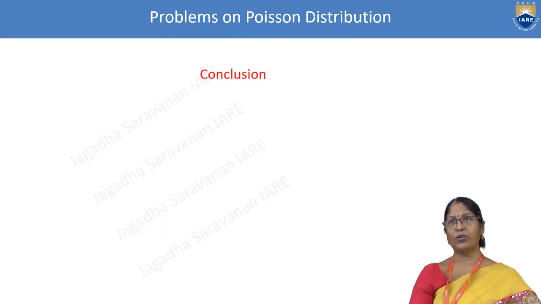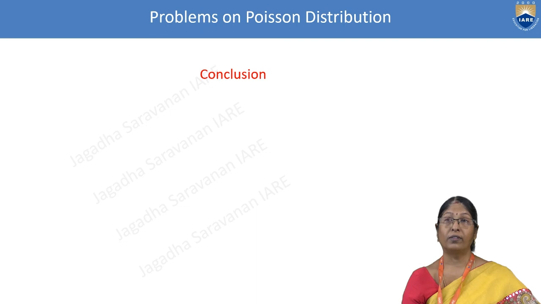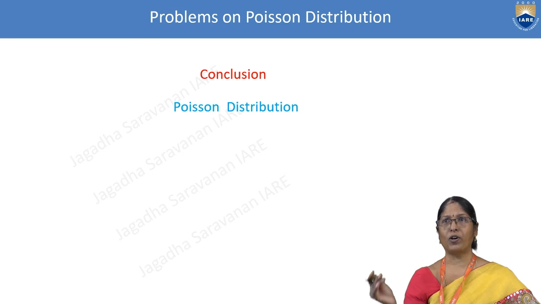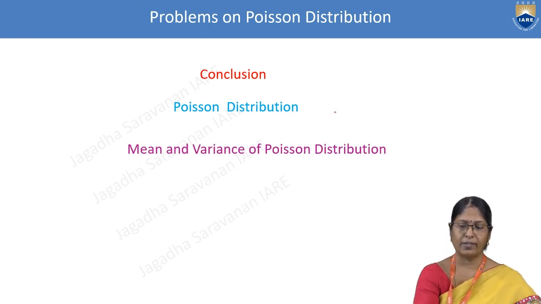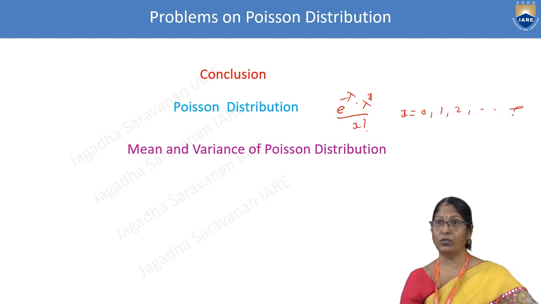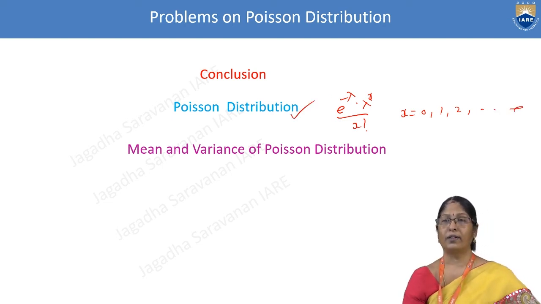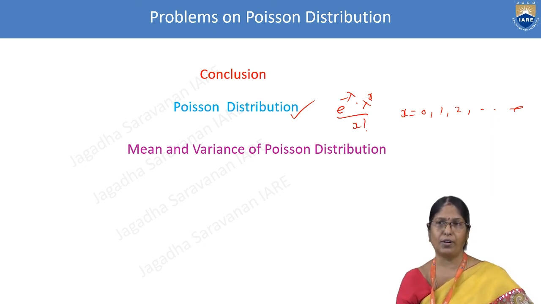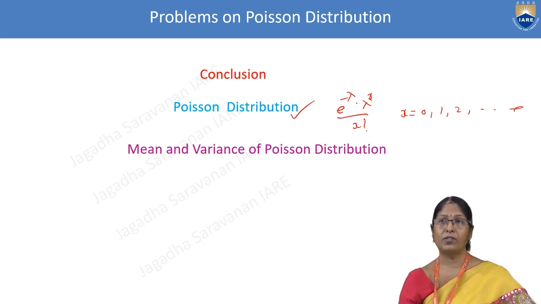We have come to the conclusion of this lecture video, problems on Poisson distribution. Initially, we took the Poisson distribution. We defined the Poisson distribution formula: e power minus lambda into lambda power x by x factorial, where x takes the values 0, 1, 2, 3 up to infinity. The formula was given by Denis Poisson, the French mathematician. The Poisson distribution is the limiting case of the binomial distribution.